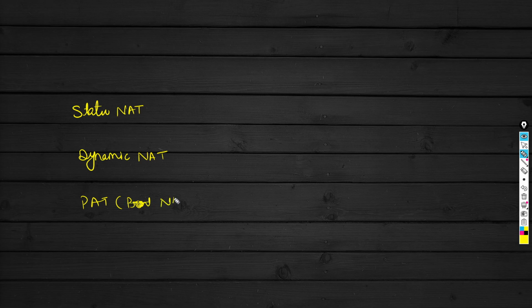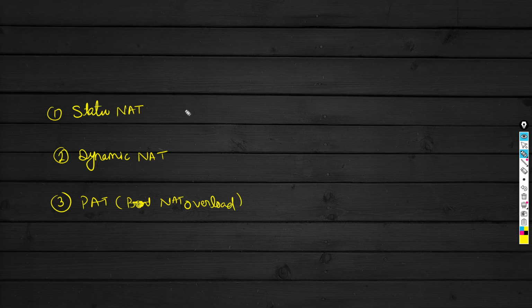So we also call it NAT overload. It just depends on what people want to call it. These are the three types: static NAT, dynamic NAT, and the third one can be called port address translation, or NAT overload.